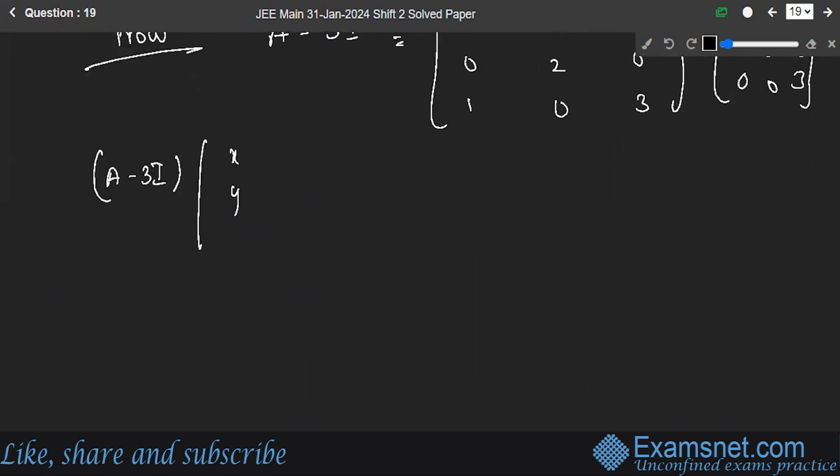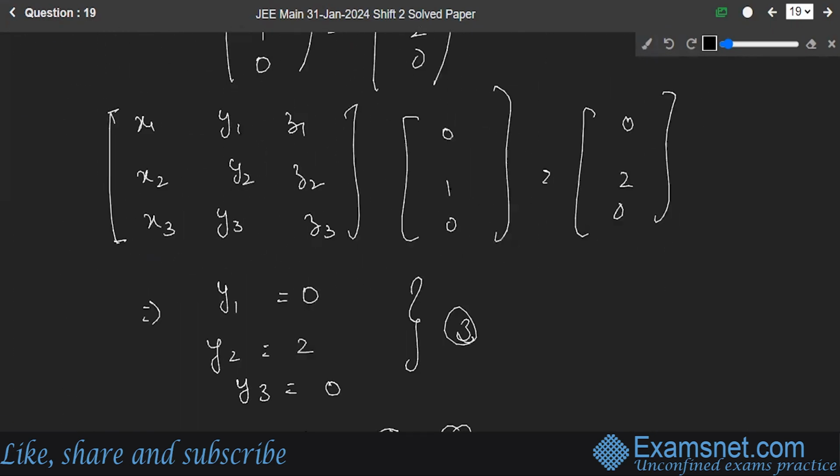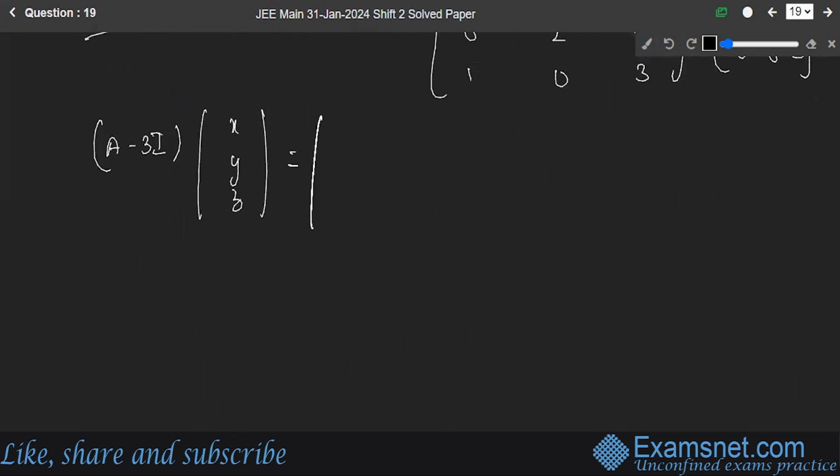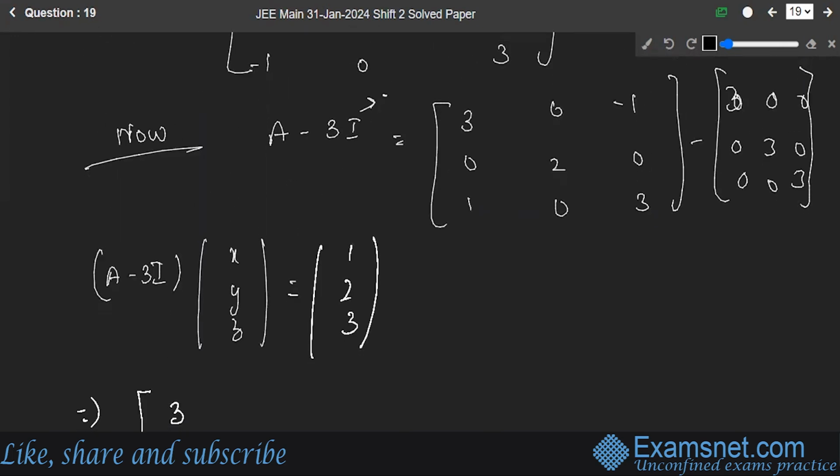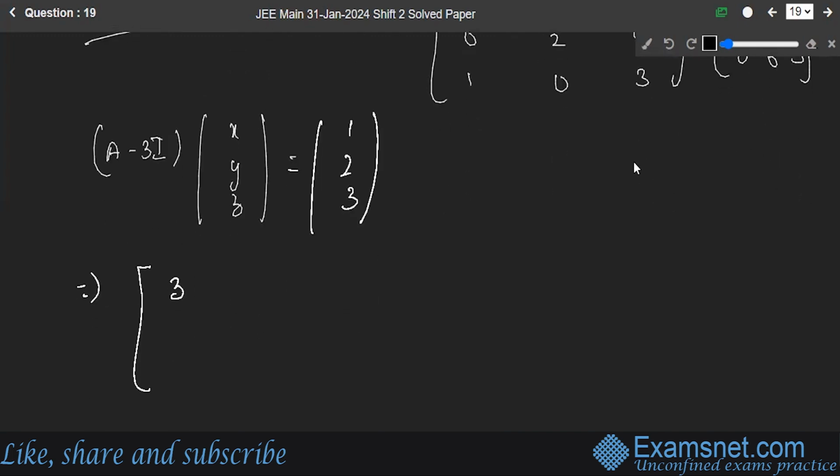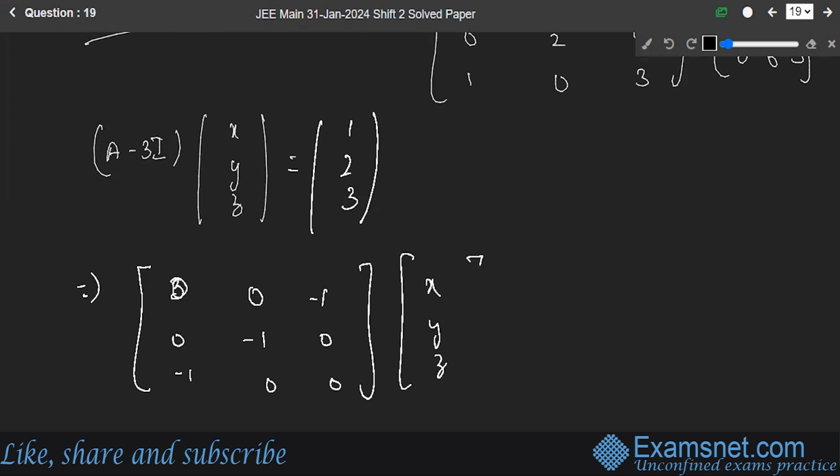So this comes out to be 0, 0, -1, 0, -1, 0, -1, 0, 0 into x, y, z, equal to 1, 2, 3.